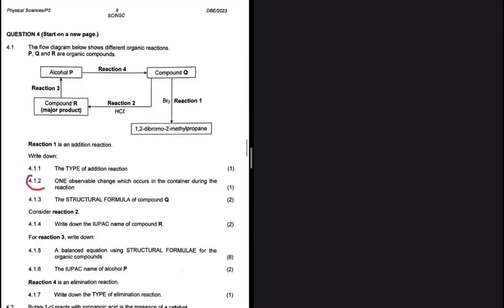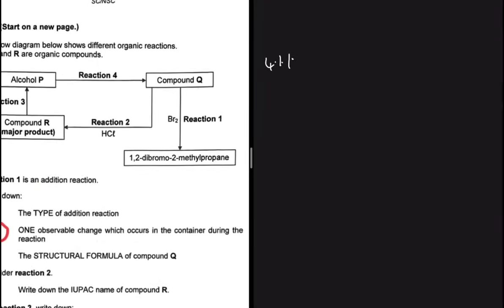What observable change occurs when you add bromine to an alkane? Does the container turn colorless or does it turn brown? That is 4.1.2. But let's just go ahead and do 4.1.1 first. The question is saying which type of addition reaction is reaction 1? So let's go ahead and do some analysis.